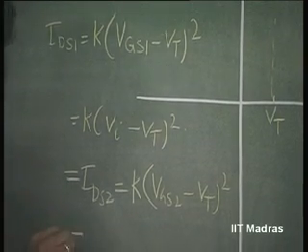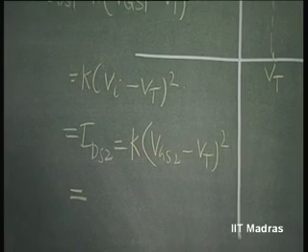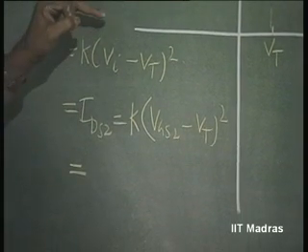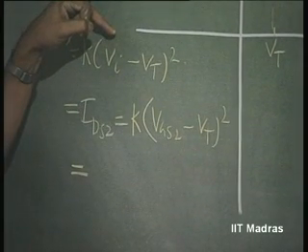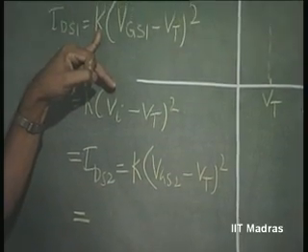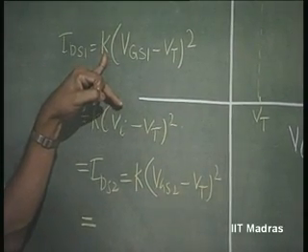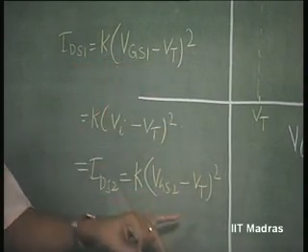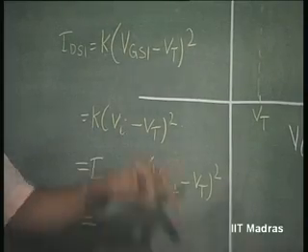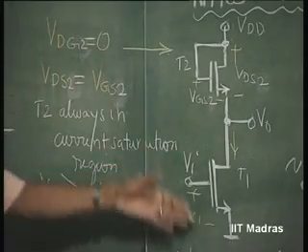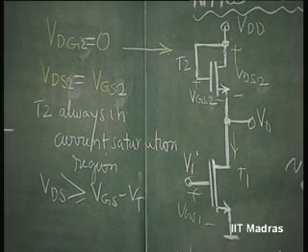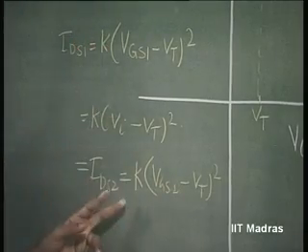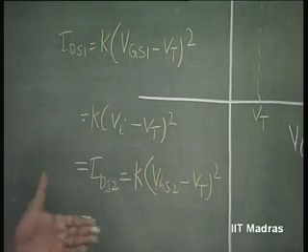So, now assuming that this K is governed by its W by L ratio, that is the only thing that can be different. Vt's are going to be the same because they are the same type of MOSFETs. K's can be made equal if W by L ratios are made equal.